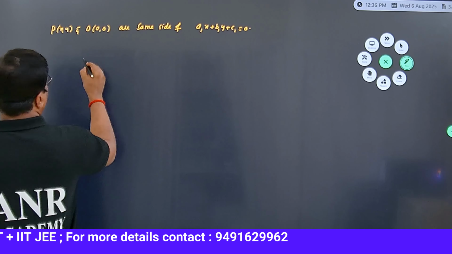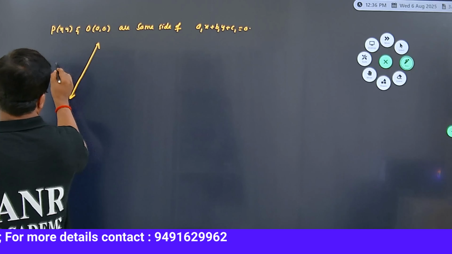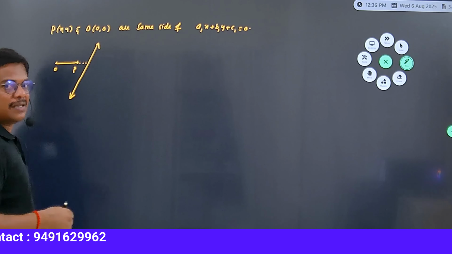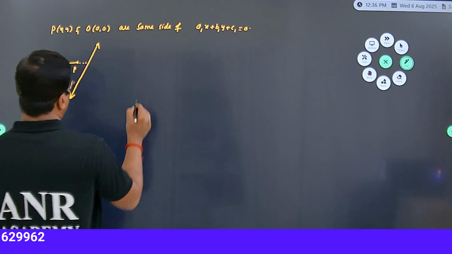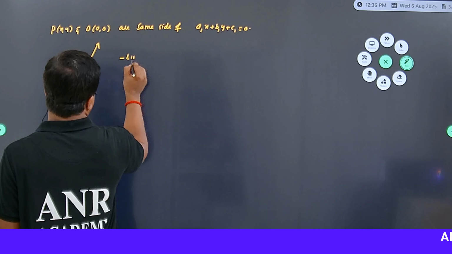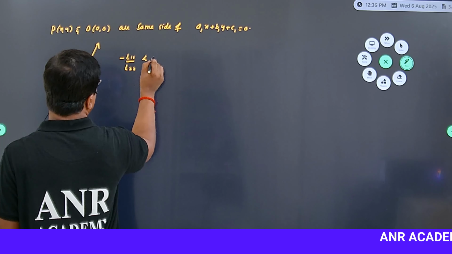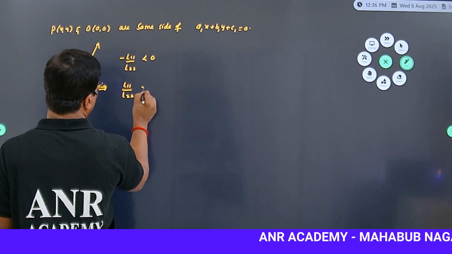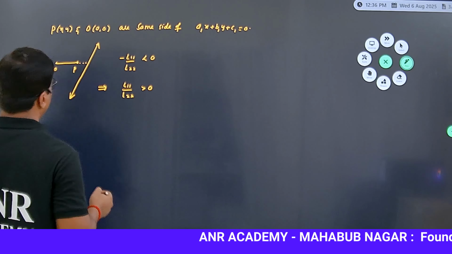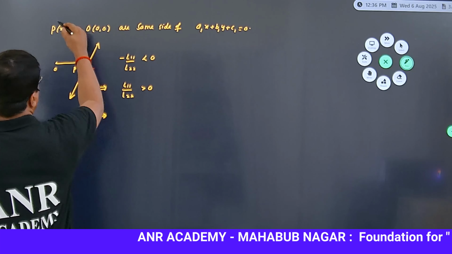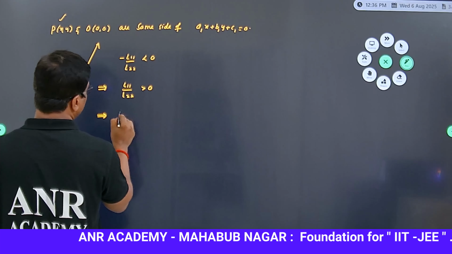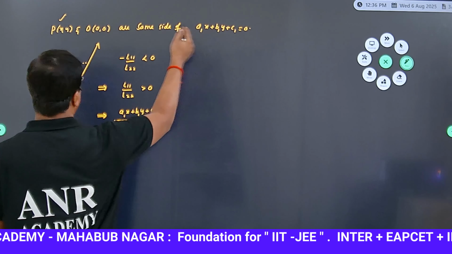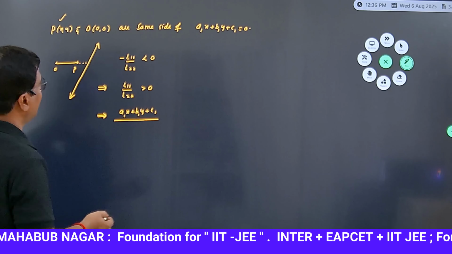When two points are on the same side of the line, then the division is external, remember. Therefore, the ratio minus L11 by L22, which is less than 0, implies L11 by L22 is more than 0. For L11, the first point you have to write on the line, that is A1x plus B1y plus C1. In place of x, y, you have to replace the general point. So, no change, as it is.